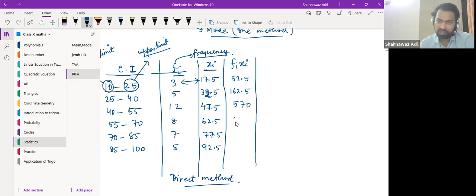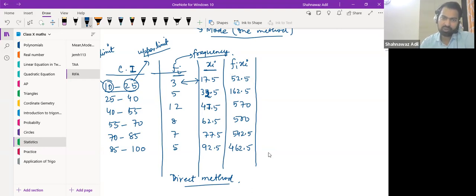So this is 500. And then we have 77.5 into 7. So this is 542.5. And then 5 into 92.5. So 462.5. So these are the products of fixi.